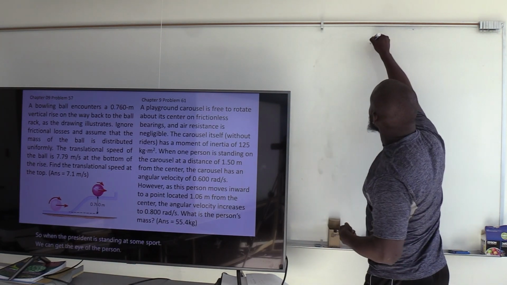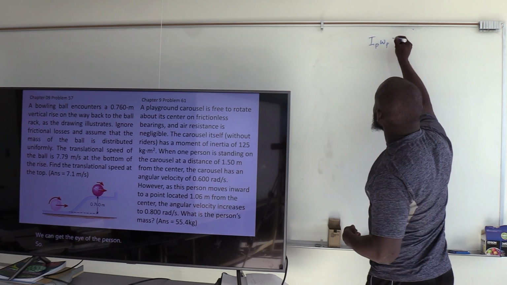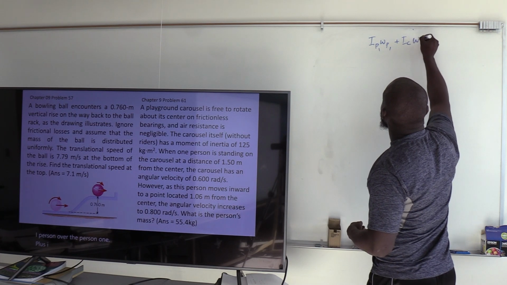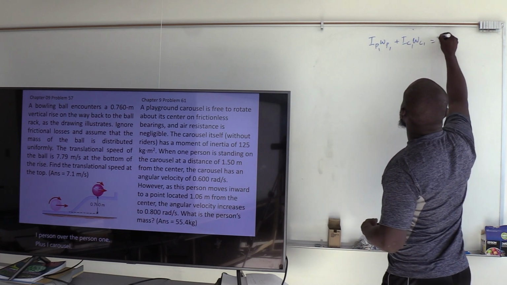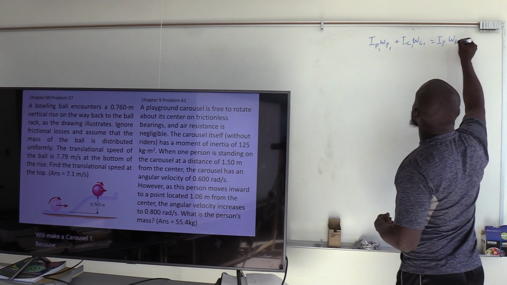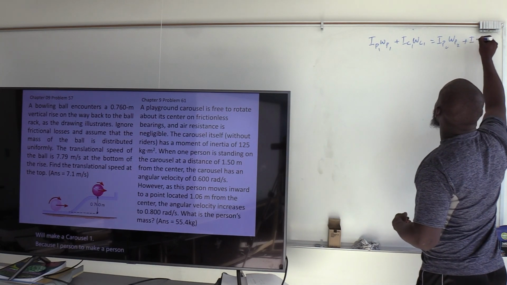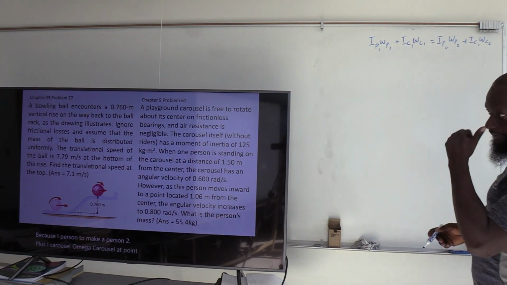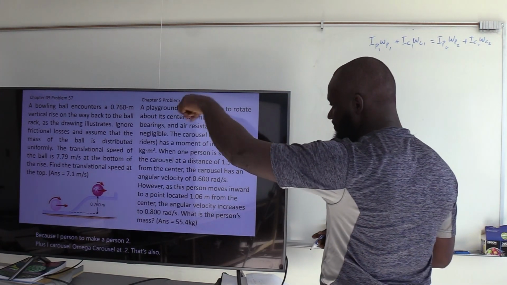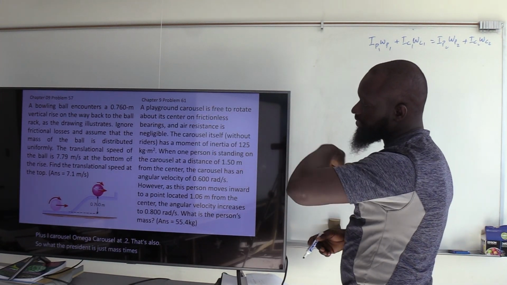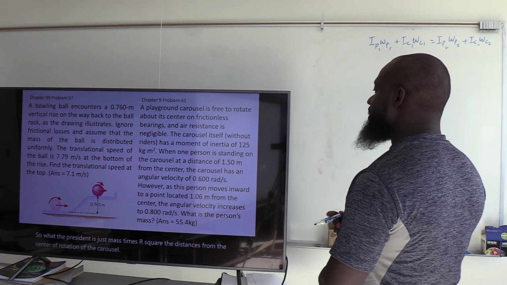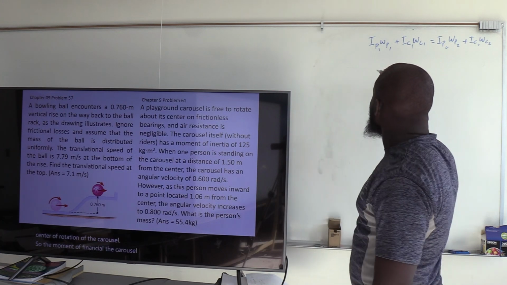So I person omega person 1, plus I carousel omega carousel 1, equals I person omega person 2, plus I carousel omega carousel 2. That's what we saw. For the person it's just mass times r squared, where the distance is from the center of rotation of the carousel. The moment of inertia of the carousel is given, 125.